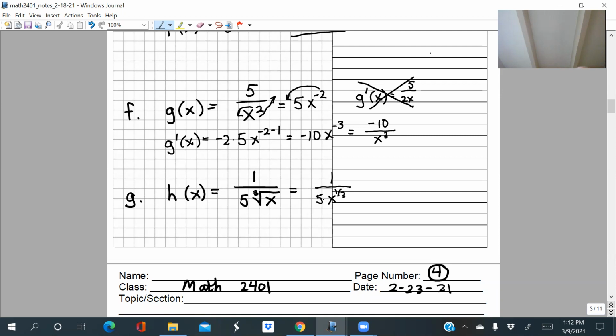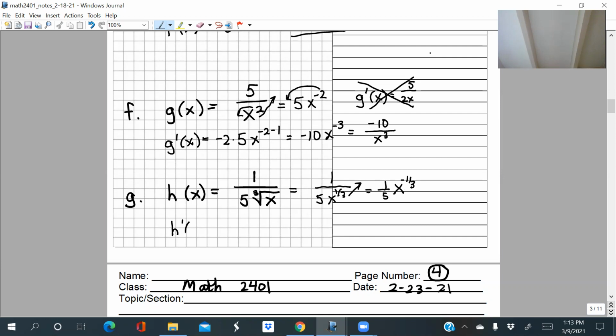Now, I don't want the x in the denominator because I want to use the power rule. I got to get this x out of the denominator. Don't worry about the 5. It's just the x we have to move out of the denominator. So I'm going to leave the 5 in the denominator, but I'm going to bring the x to the 1/3 power up. So that gives me x to the minus 1/3 power. Now you can apply the power rule.